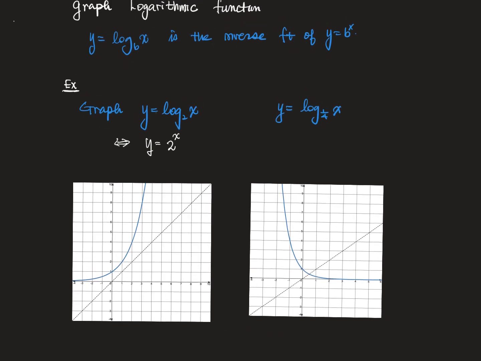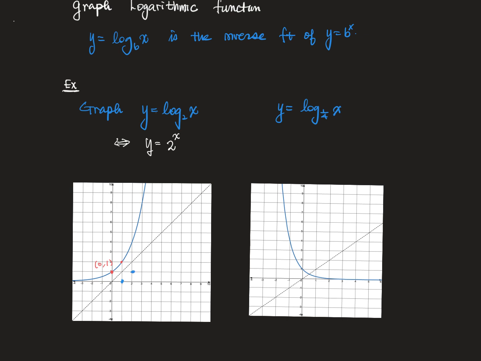So let's sketch based on this definition, guys. I give the y equals 2 to the x graph. If you remember correctly from algebra class, here is 0 and 1, the y-intercept. You change this to 1 and 0. Another point here is 1 and 2, so you change it to 2 and 1.